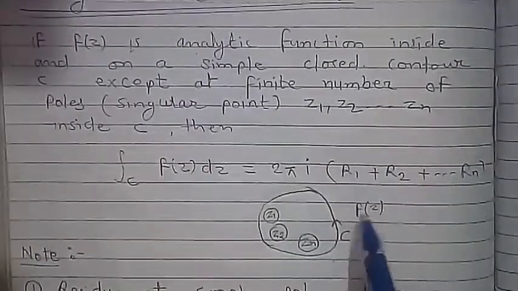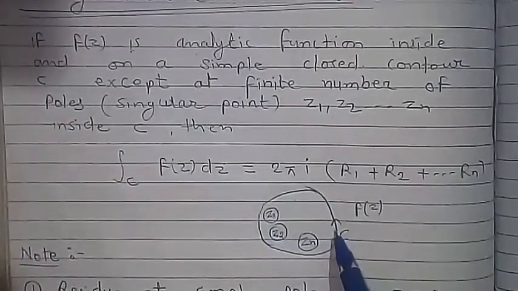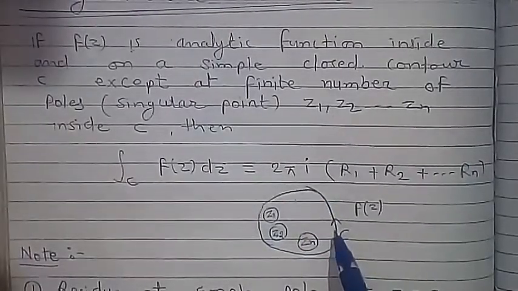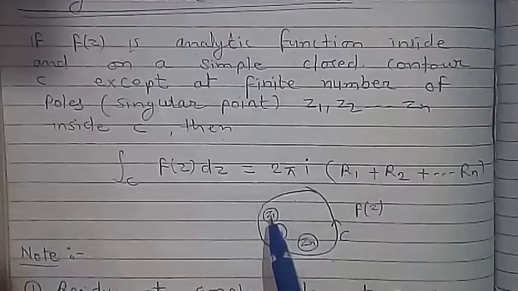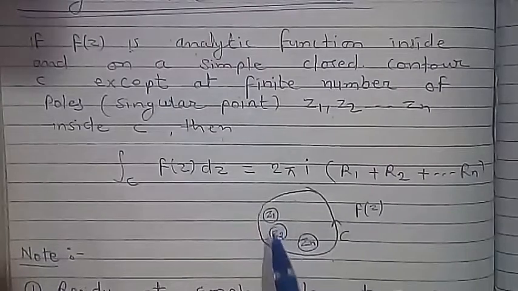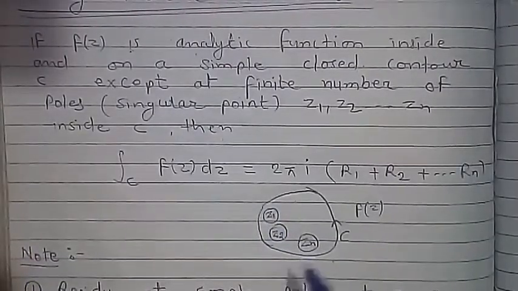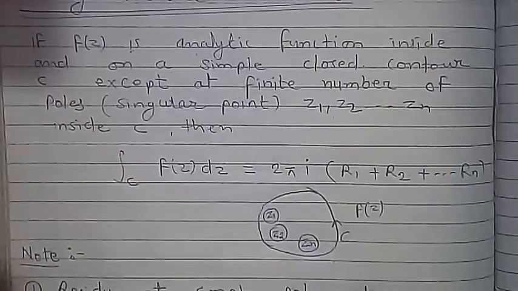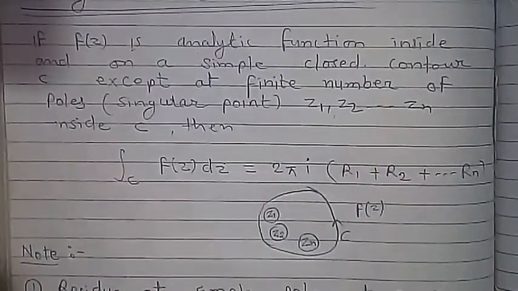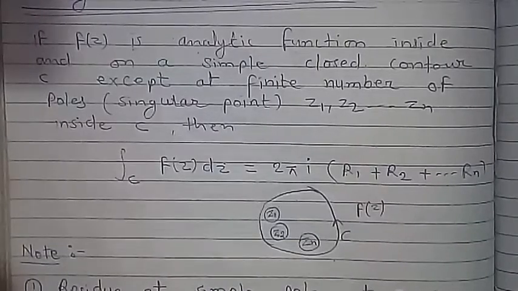Here the function f(z) is analytic inside the closed curve C but not analytic at the points z1, z2, ... zn. These points z1, z2, ... zn are called poles, where f(z) is not analytic. It means a pole is a point where the function is not analytic.